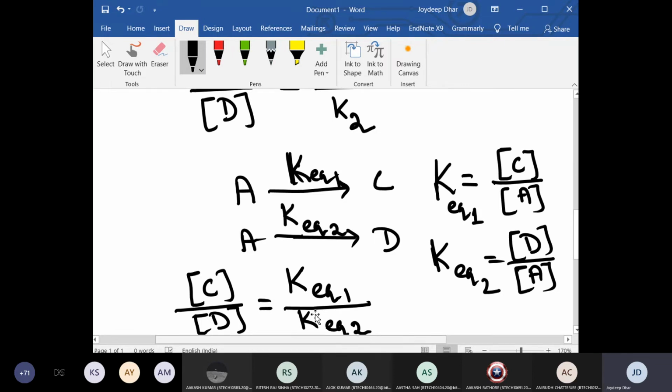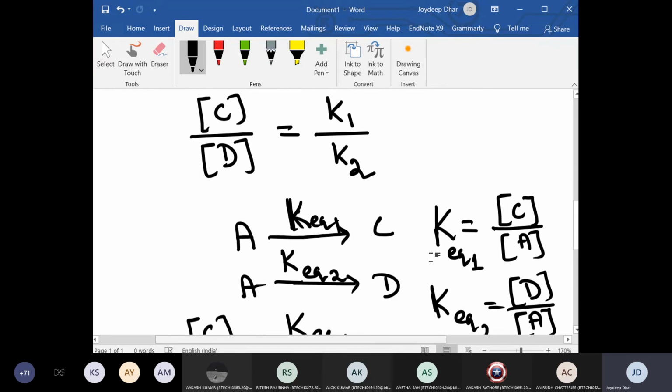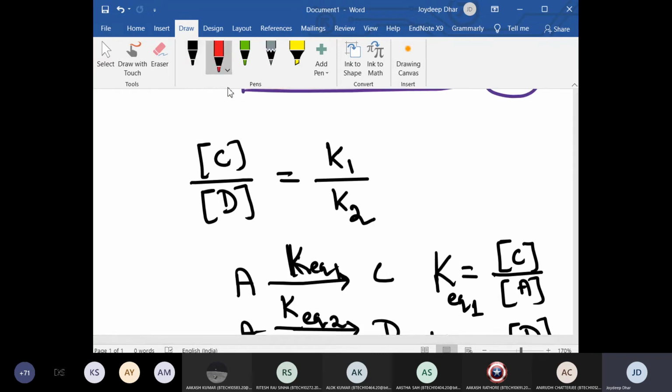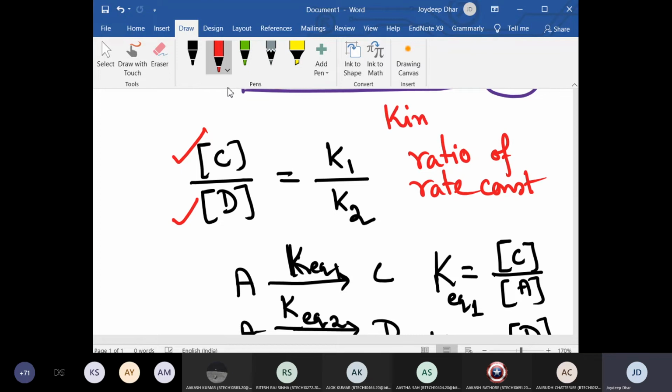So what you have seen is, if it is kinetically controlled, then the product ratio will be the ratio of their rate constants. That is known as kinetically controlled.